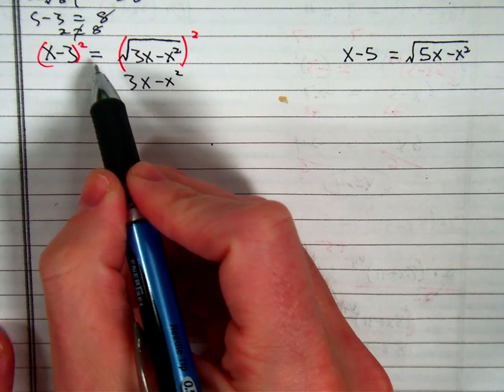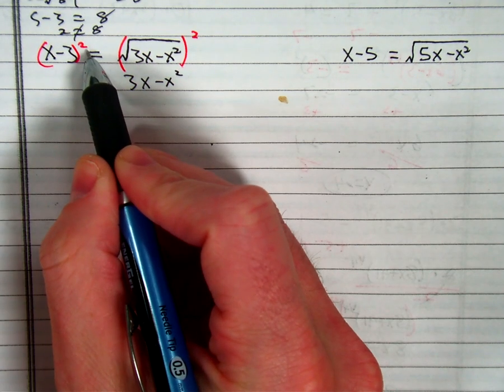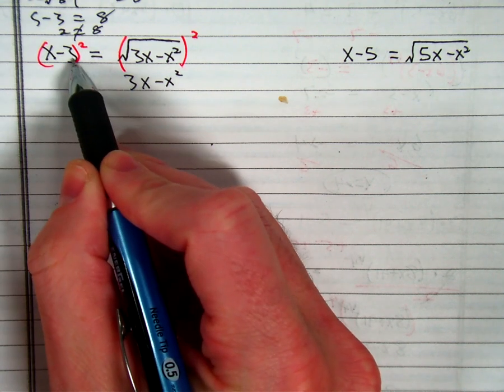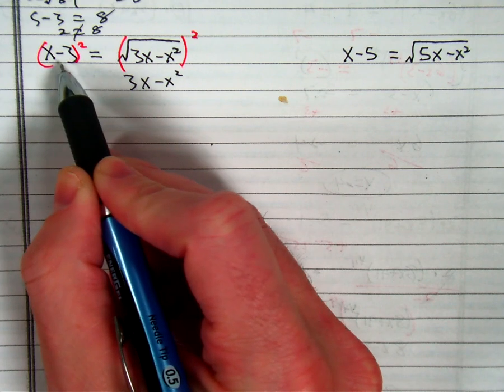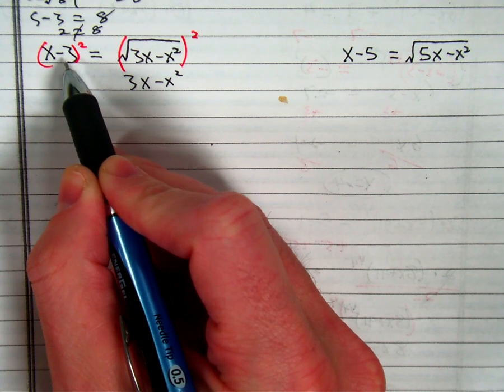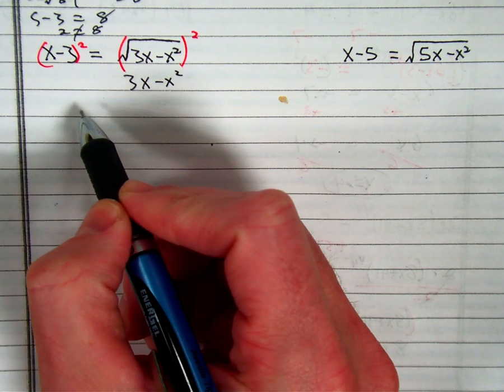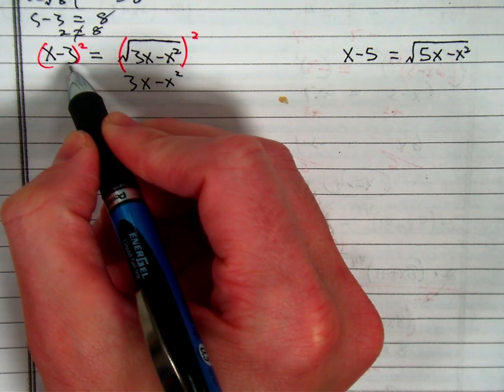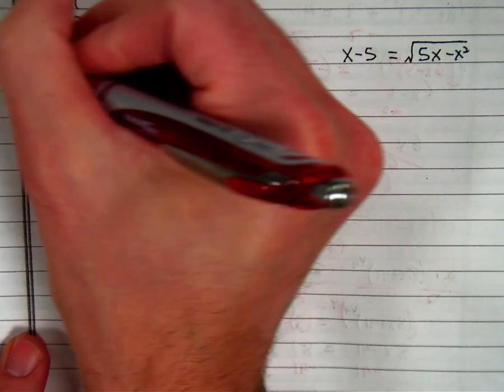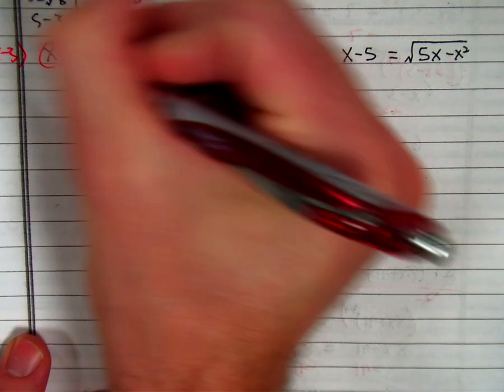On the left, you could either know the squaring pattern, x squared plus 9, multiply it together, x times negative 3 is negative 3x, double it, negative 6x goes in the middle. Or parentheses squared means to multiply something by itself. So let's write it down twice and multiply it out.